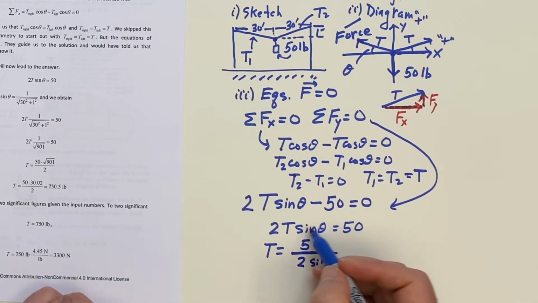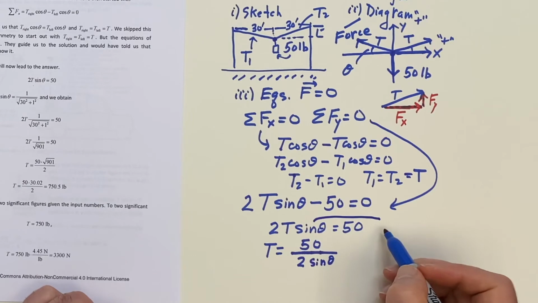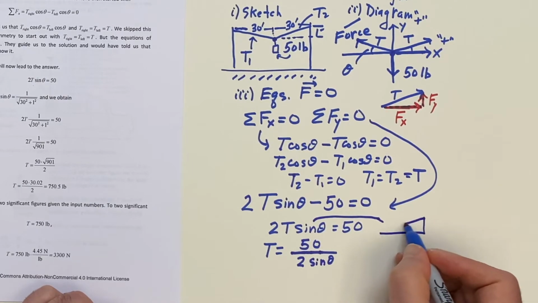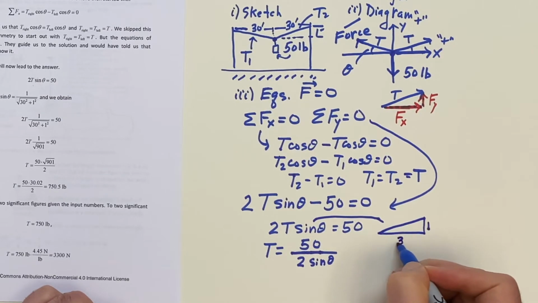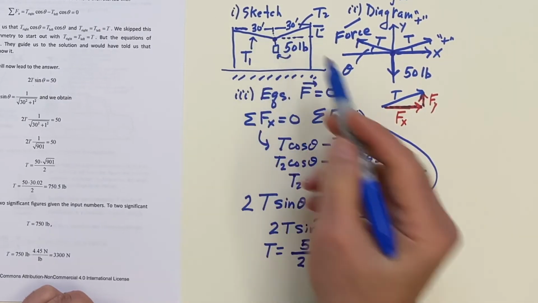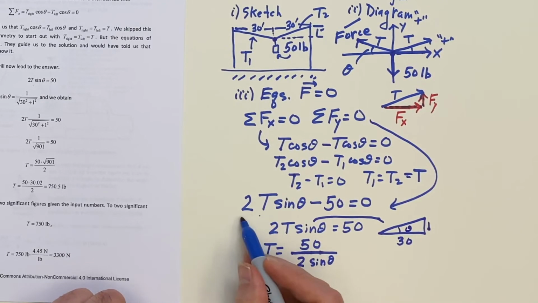Or you might just at this stage replace the sine of theta, because you have your triangle here. You have a 1 and you have a 30. Remember the 30 feet and the 1 drop. So the sine, so let's go ahead and do that.